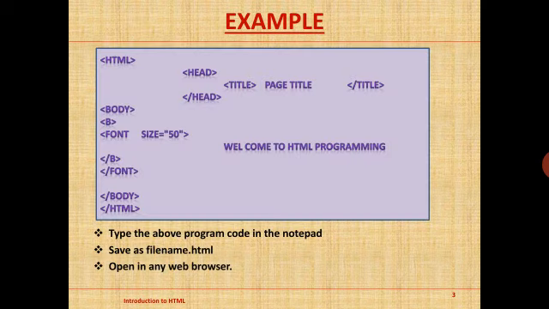Now, let us consider one example. In the example, we have given a title as page title. In the body tag, we included one more tag, that is B tag.